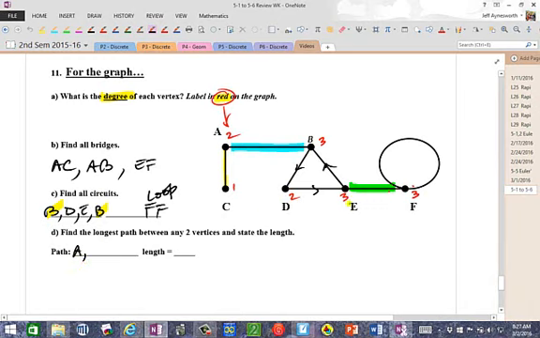So C, A to B, to D, to E, F, all the way back to F here.